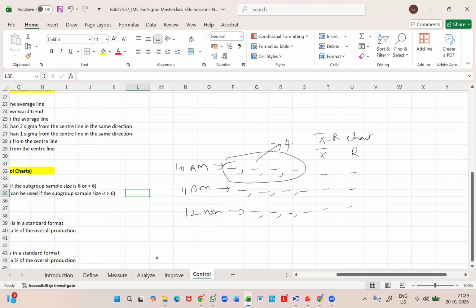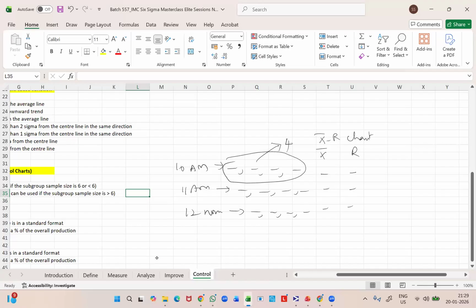So in case of continuous data control charts, we will have a control chart for the measure of central tendency, and another control chart for plotting the measure of variation, right? So two control charts will be displayed when we construct the X bar R chart, right?